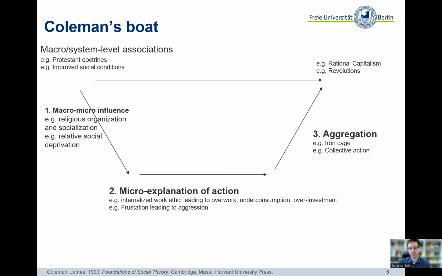explanatory level also of the rational choice impetus here in sociology, where Coleman's boat stands for the claim that any kind of explanation in sociology should have micro foundations. And Coleman's boat displays a little bit what this means.